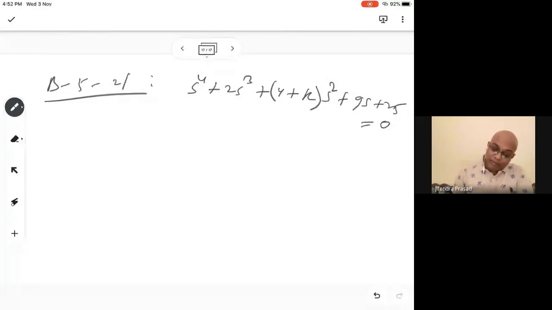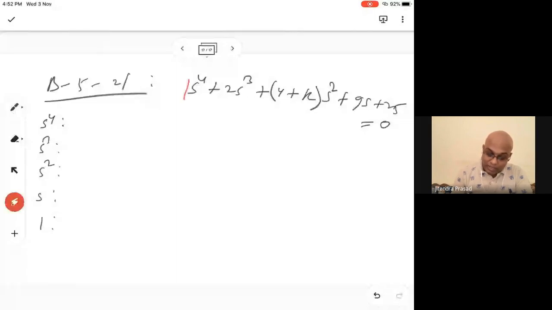This is the same as we did earlier, but this is the higher order basically. So we start with S4, and then we have S cube, S square, S, and 1. S4, looking at here, we have 1 here. So we write 1, and then we have here 4 plus k, and then 25.